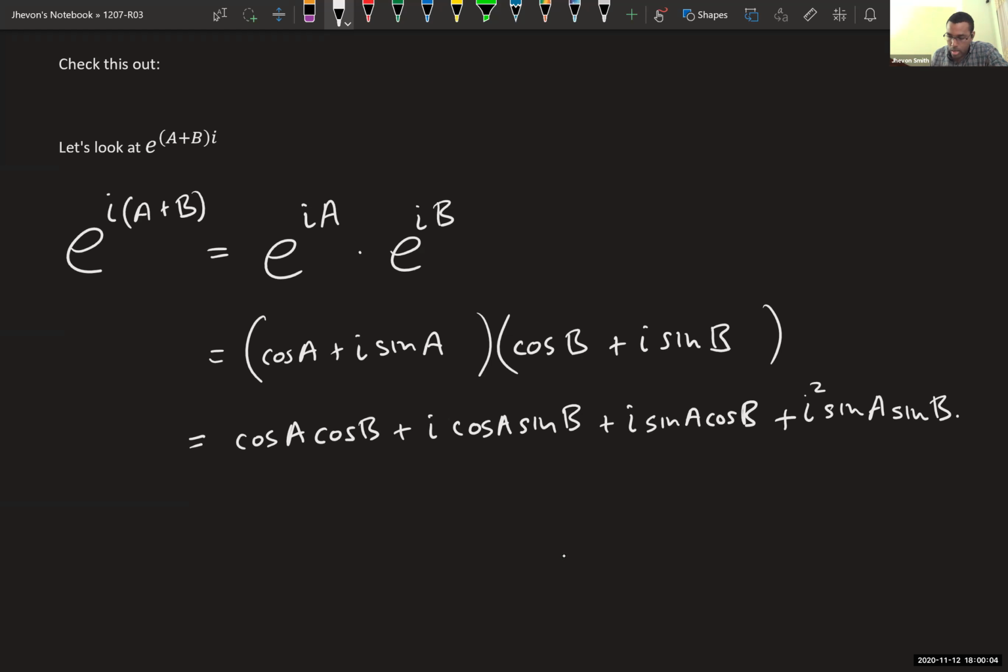And then the guys with the i can have cosine a sine b plus sine a cosine b. Okay. And does anyone notice anything with these formulas?